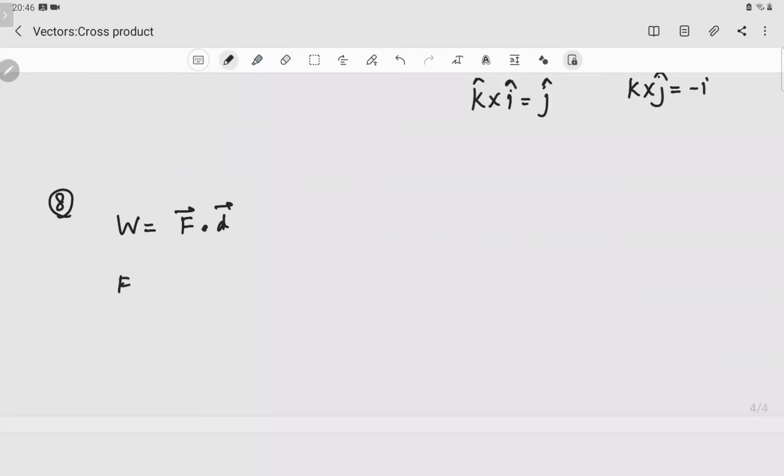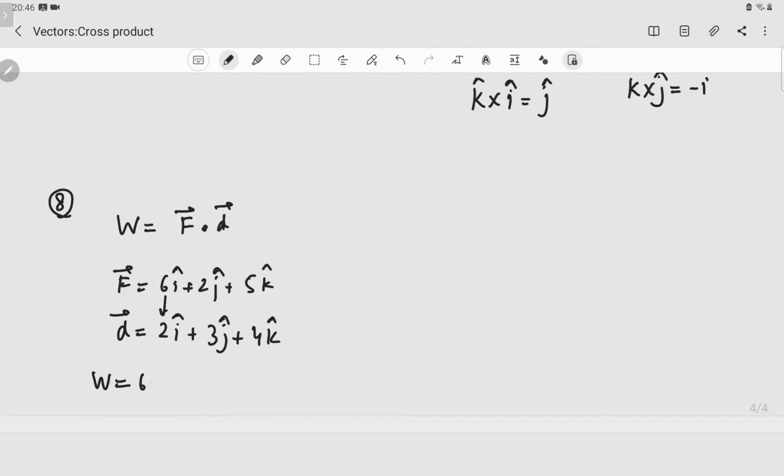If you have a force like this, 6i plus 2j plus 5k, and the body covers a displacement of 2i plus 3j plus 4k in space under the action of this force, then the work done is equal to 6 into 2 plus 2 into 3 plus 5 into 4. In this way, you can calculate the work done.